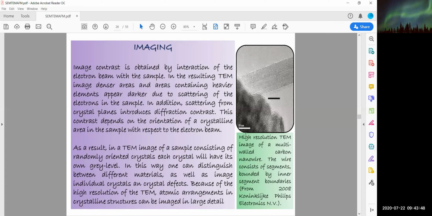This is the scale you can see, and this is the carbon nanowire. You can see it is multi-wall, because it is clear that there is a wall-like structure. There's a bright, transparent region, and then a light black wall-like structure. So this is a carbon nanowire, and its dimension is in the nanometers.